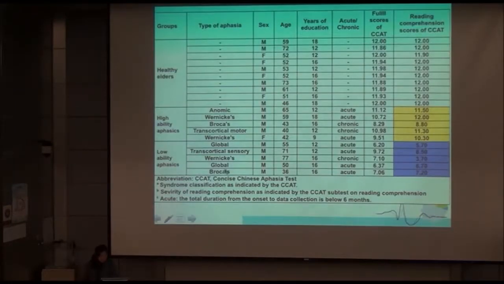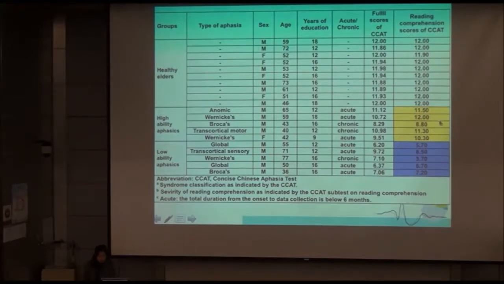But then we also included aphasic patients. They have different severity in their reading comprehension. So all the participants have MMSE and CCAT tests to assess their cognitive function and also their reading and spoken comprehension.